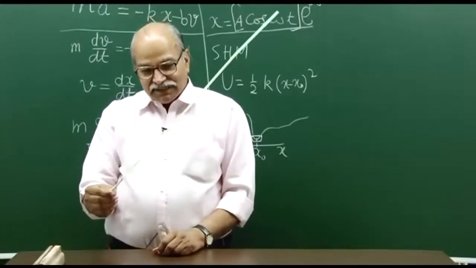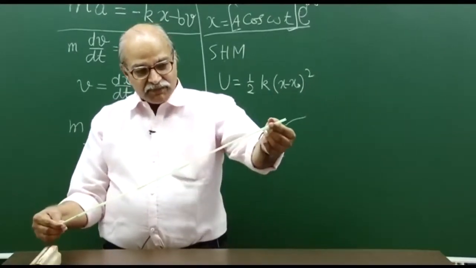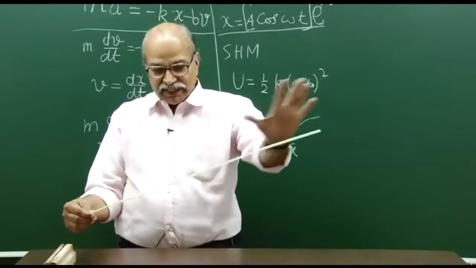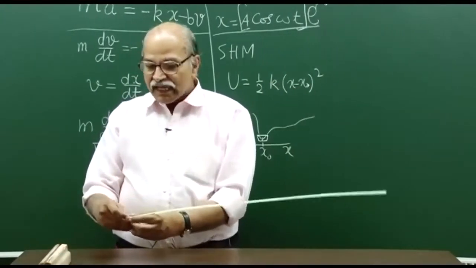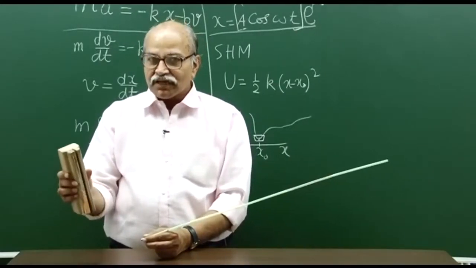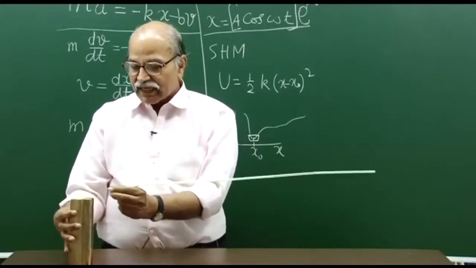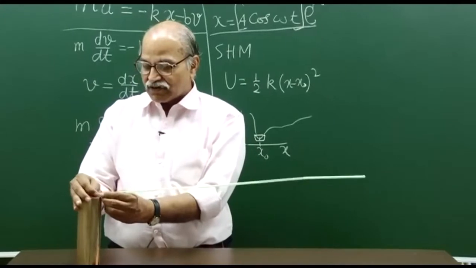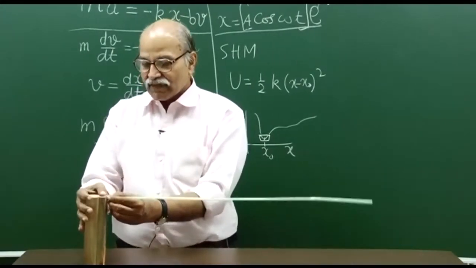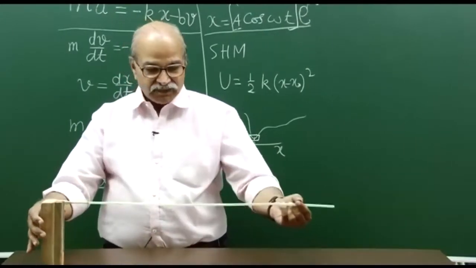I have this long straw with me, which has been made by joining several smaller straws together, and I have this wooden block with a groove, as you can see, and I push this end of the straw into the groove here. Now, this is an oscillating system.